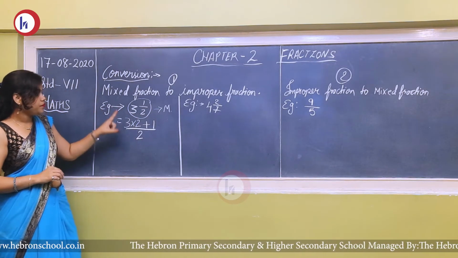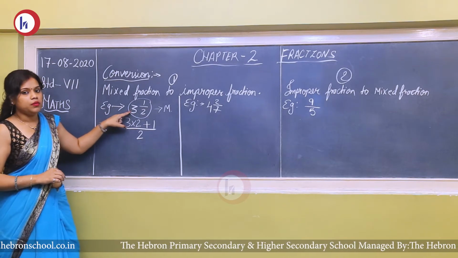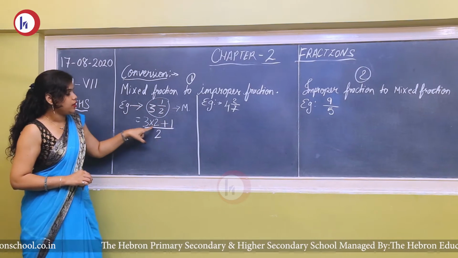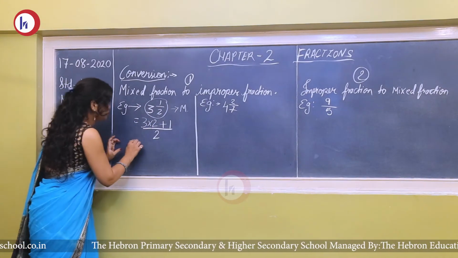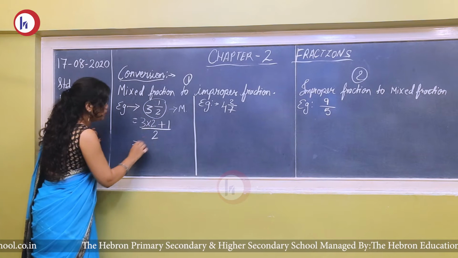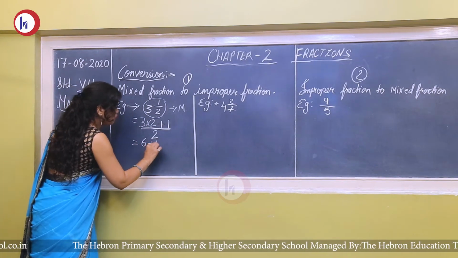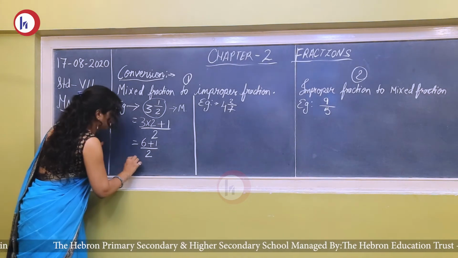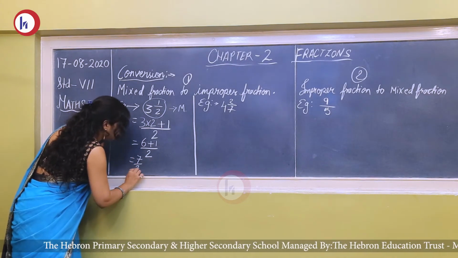So what we did? We multiplied the whole number with the denominator and added the numerator to the product. Now 3 multiplied by 2 will give you 6, plus 1, and 2 will remain as it is in the denominator. So 7 upon 2.